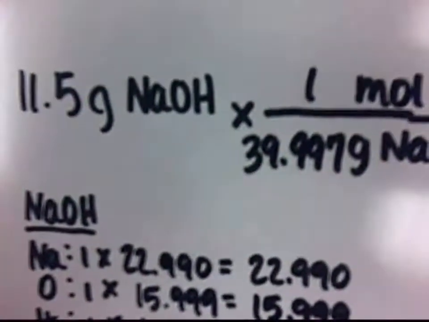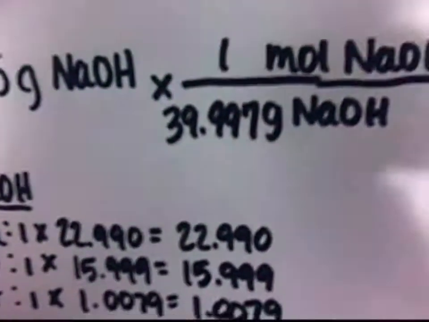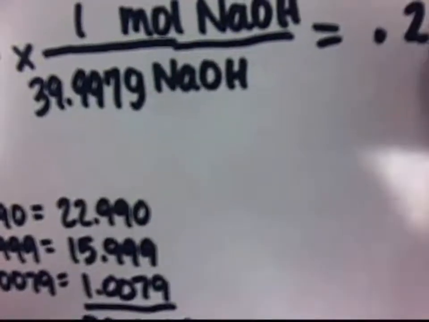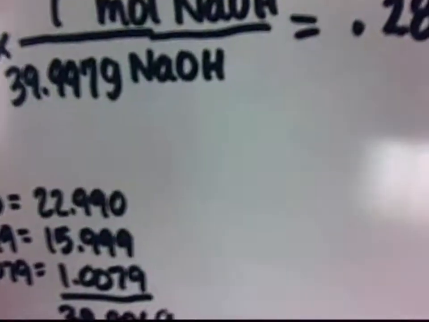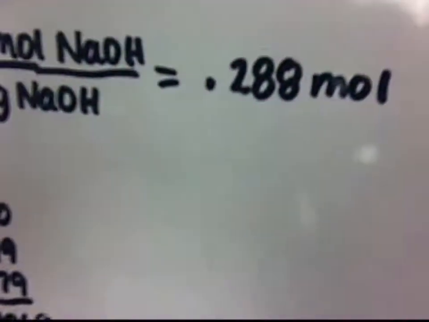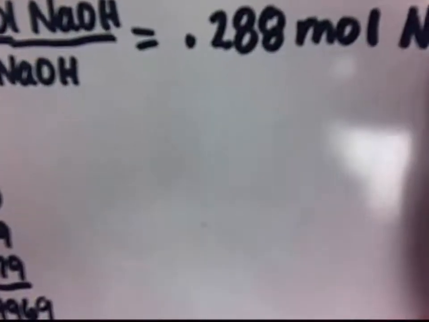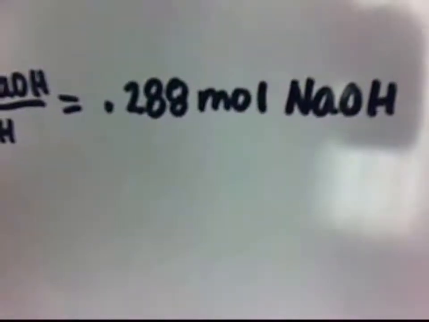Now I'm ready to do the math here. It's a division problem, 11.5 divided by 39.997. And I'll have 3 sig figs with my answer. So that's going to be 0.288 moles of NaOH. And that's the number of moles that I have in that original 11.5 grams.